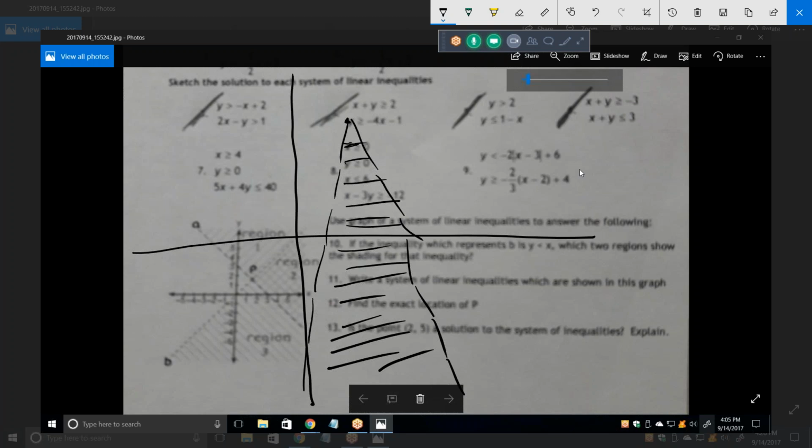But in order to do that, you have to distribute that minus 2/3 there. Then I will have it in y equals mx plus b format, and I can know where to begin. I know it's a straight line. I just can't tell from that graph where it begins. And I don't want to go through the whole transformation because it's easier to just solve it.